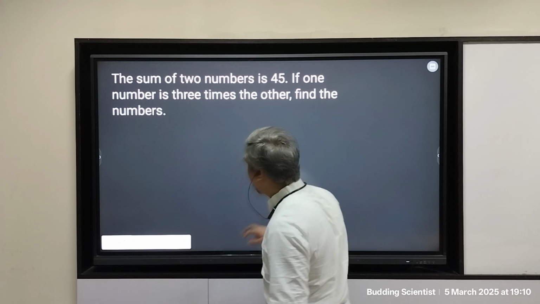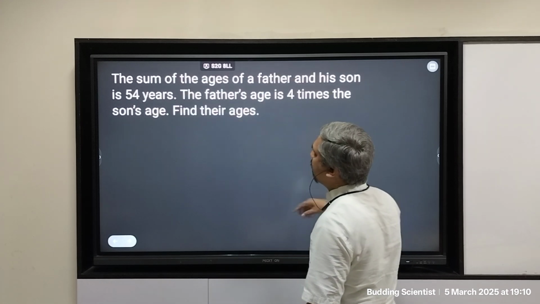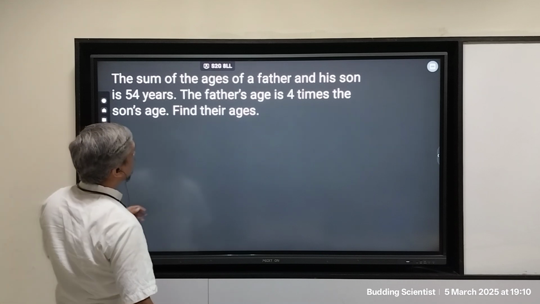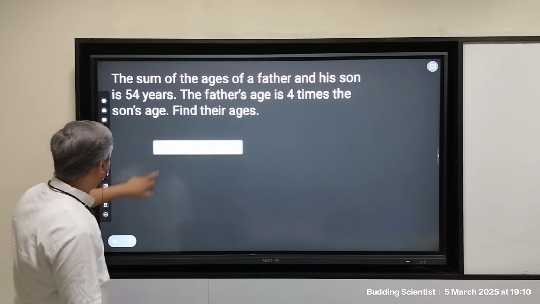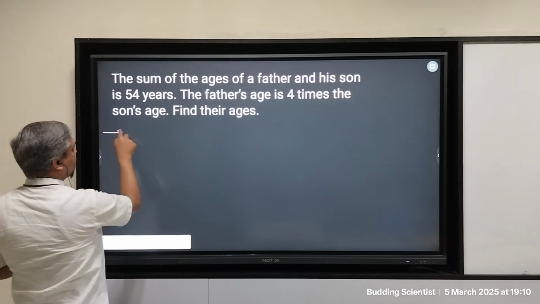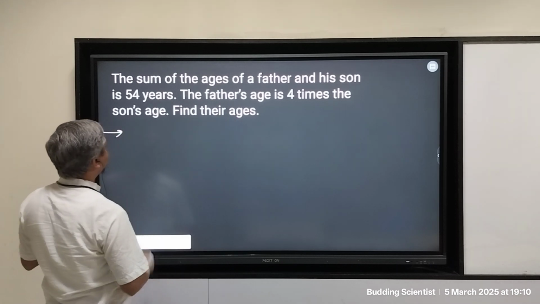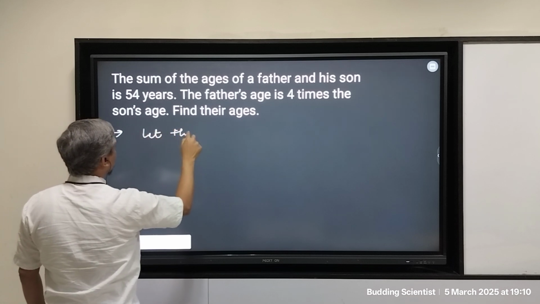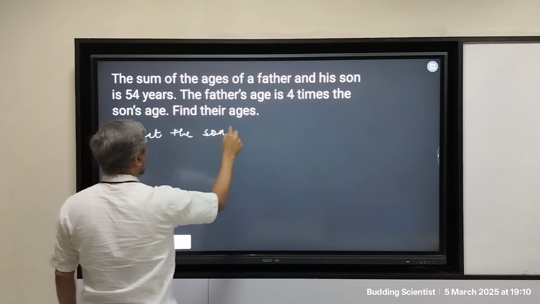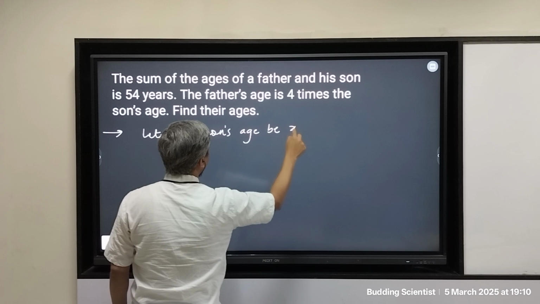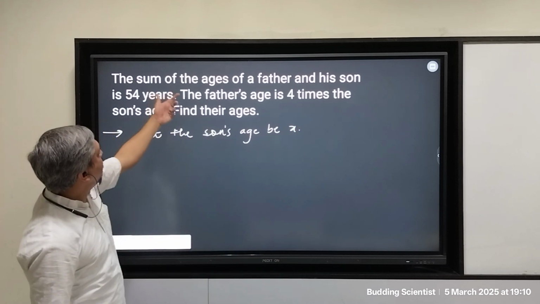Next problem. The sum of the ages of a father and his son is 45 years. The father's age is 4 times the son's age. I'll start with, let the son's age be x. So their addition is 54.